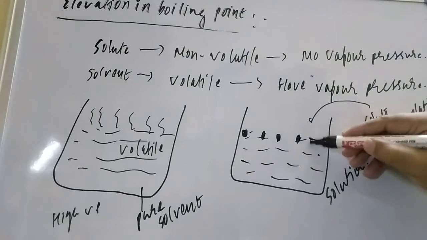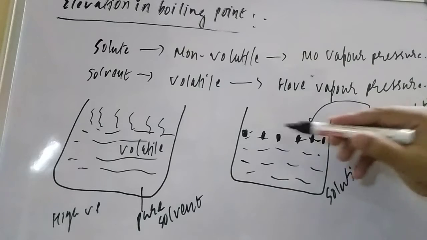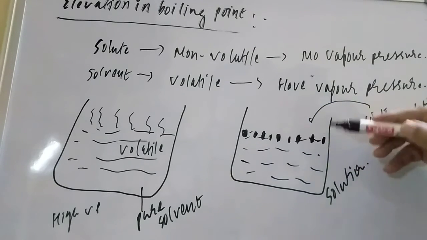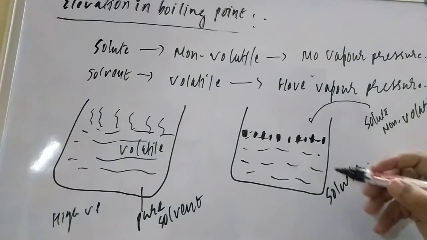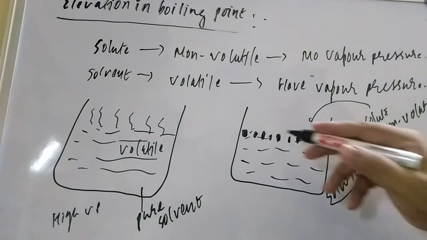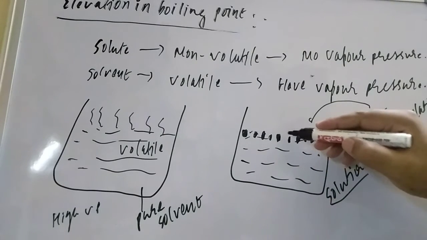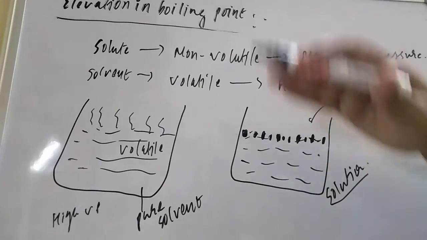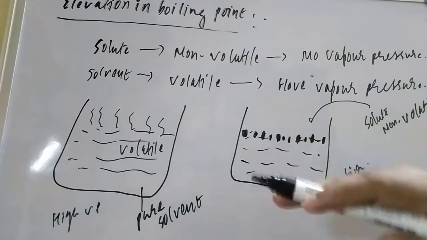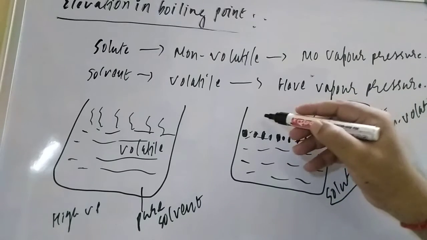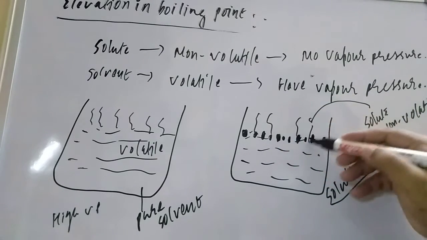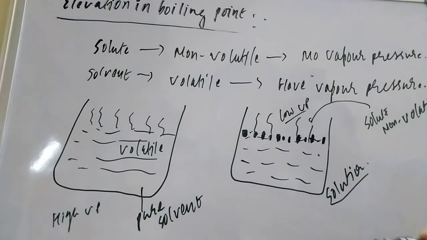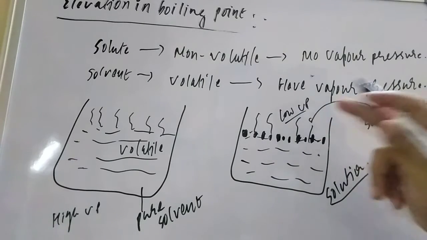So the surface area of the solvent is getting decreased, because these solute particles on the surface suppress the vapors of the water. So the vaporization will be less, so low vapor pressure. A solution always has a low vapor pressure.